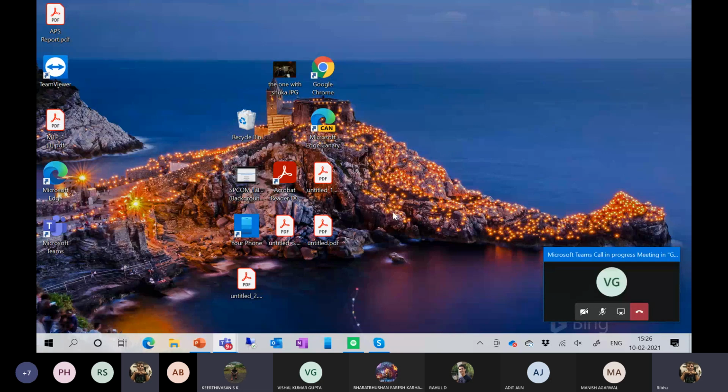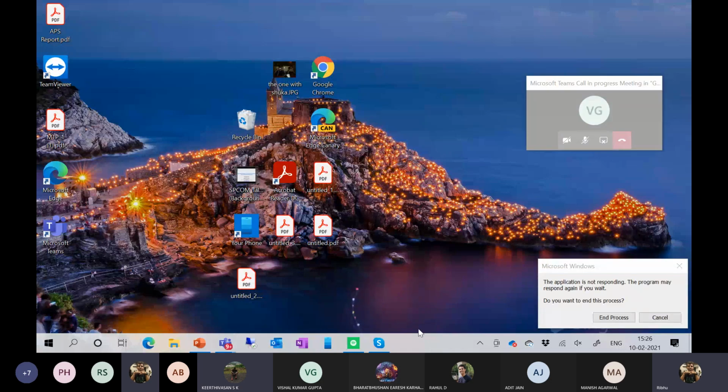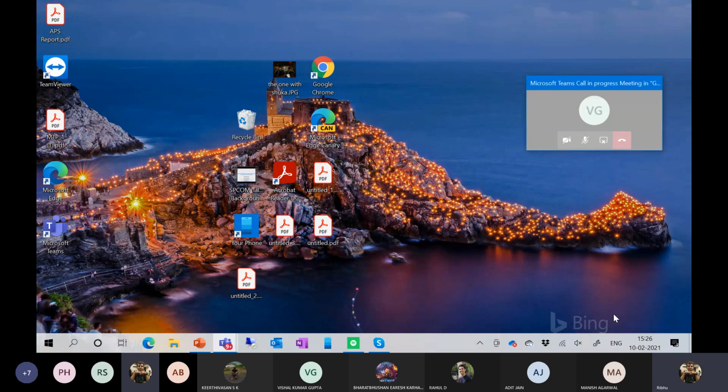This shouldn't have taken much time had OneNote not crashed. The application is not responding. The program may end process, I don't know what process it will end. It seems that even Teams has died.